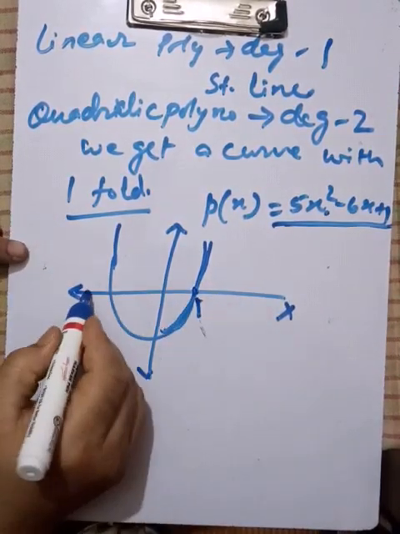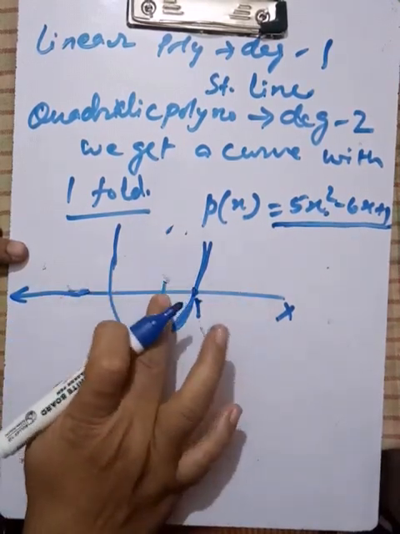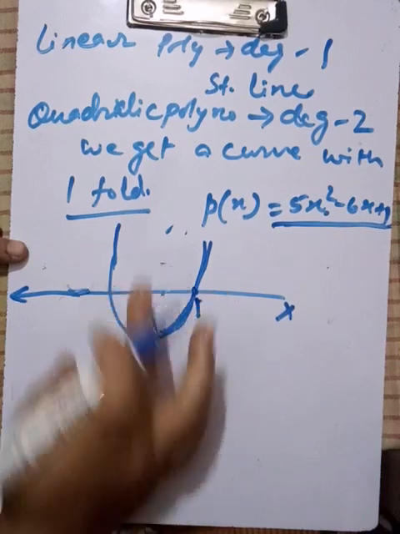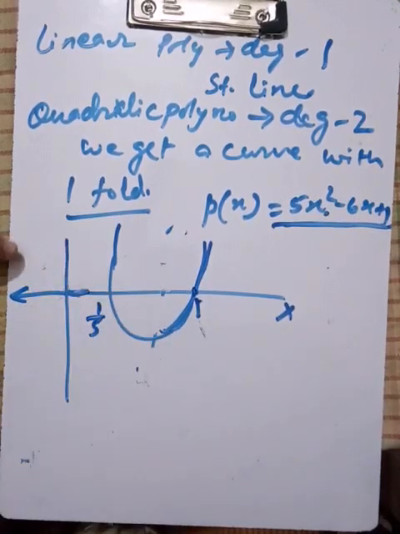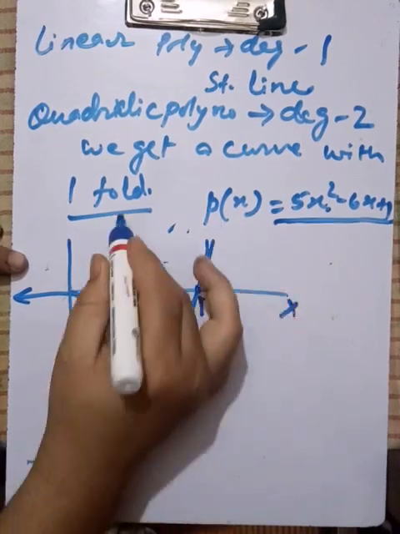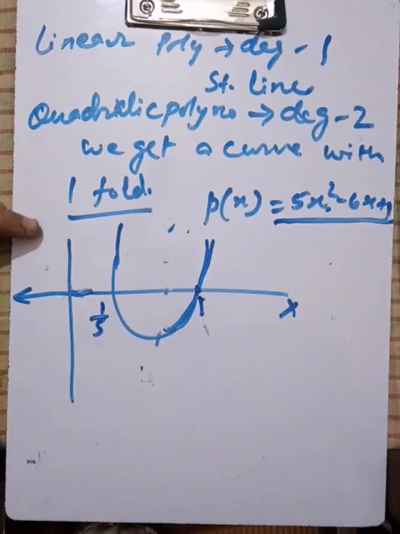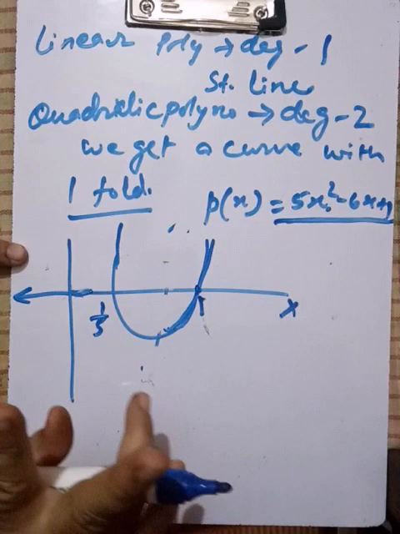If you find this properly, you get another value of x as 1 by 5. So 1 will be here and here it will be 1 by 5, the value of x. In this situation, what I am watching, this graph is intersecting the x-axis at 2 places. That is why this polynomial will have 2 0.